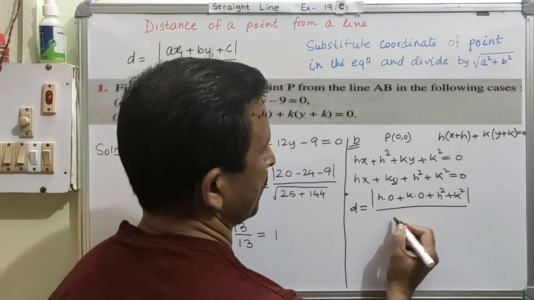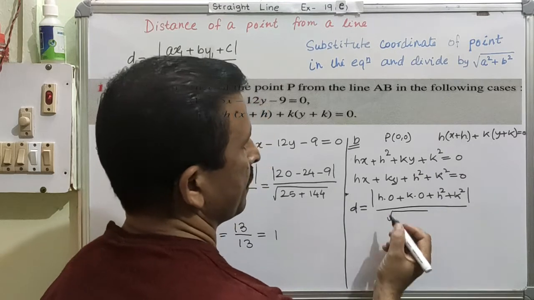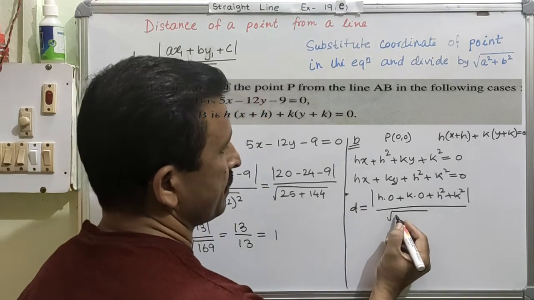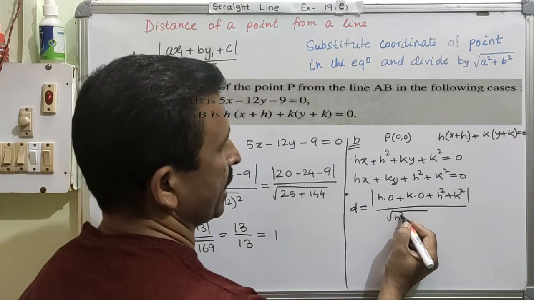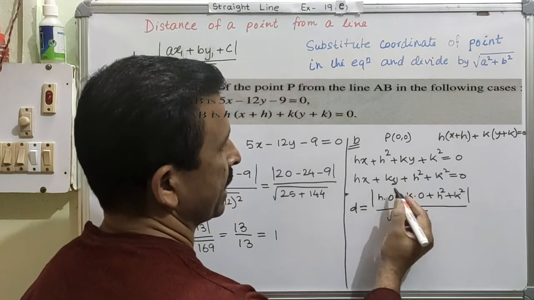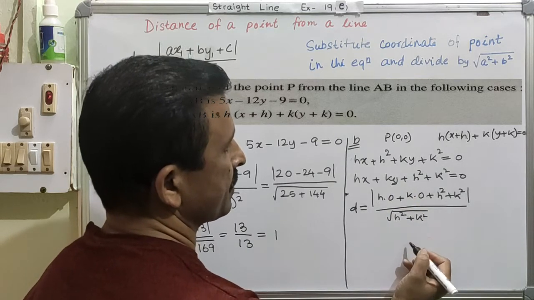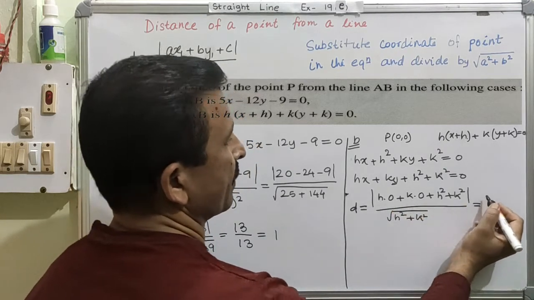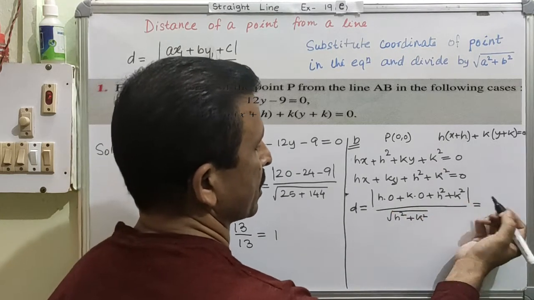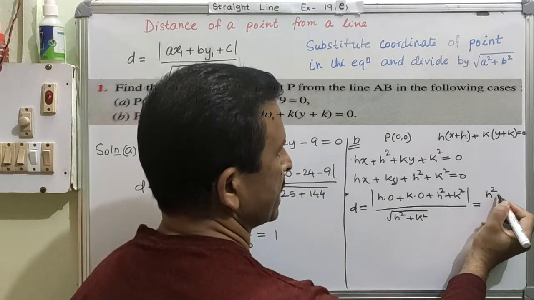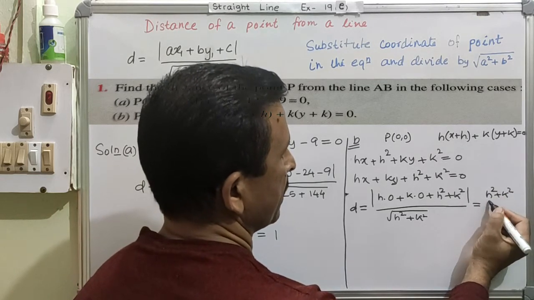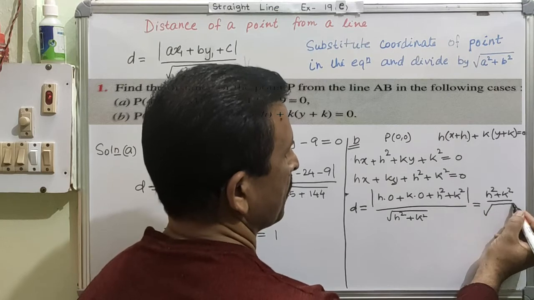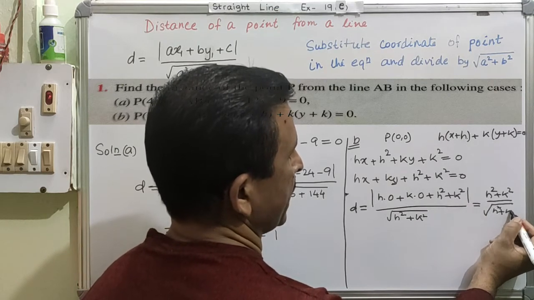In the denominator, the coefficient of x is h, so h square, and the coefficient of y is k, so k square. Finally this is 0, this is 0, so you are left with only h square plus k square. Remove the absolute value, it's already positive, so it remains as it is: h square plus k square divided by root over h square plus k square.